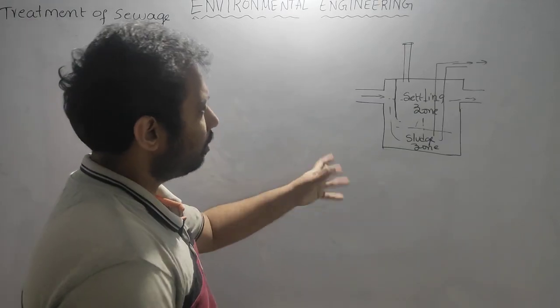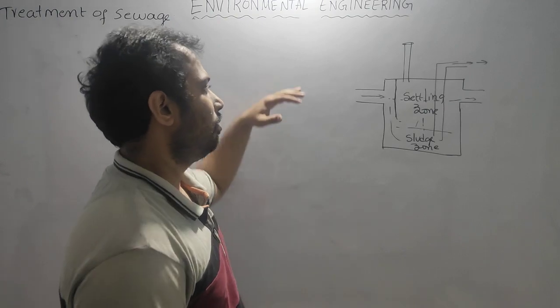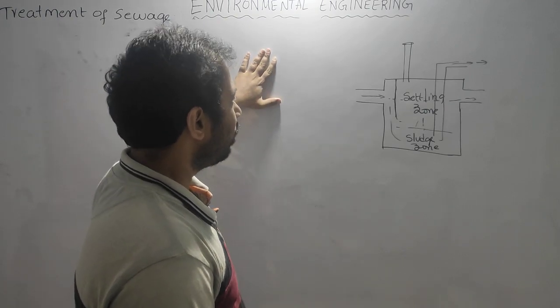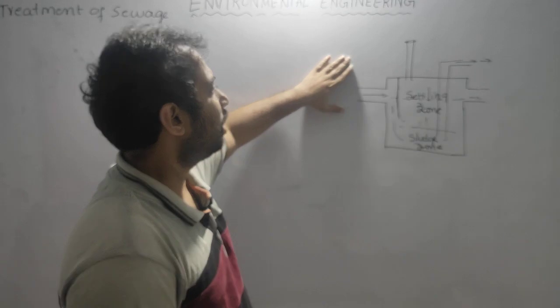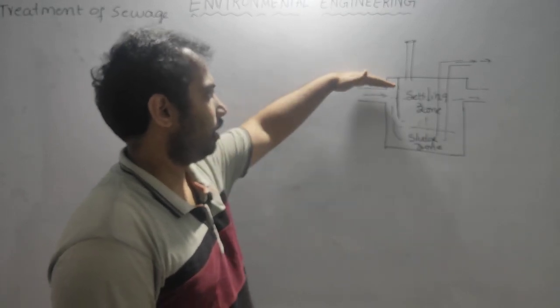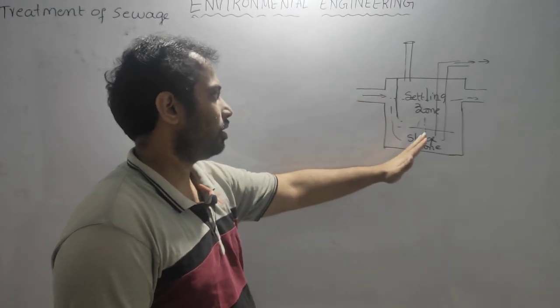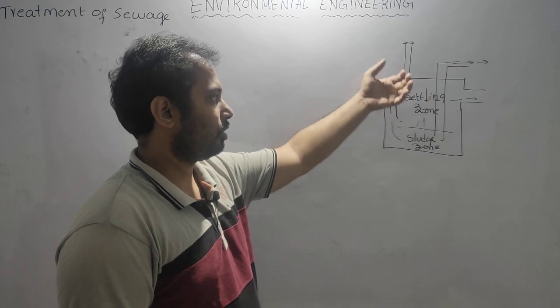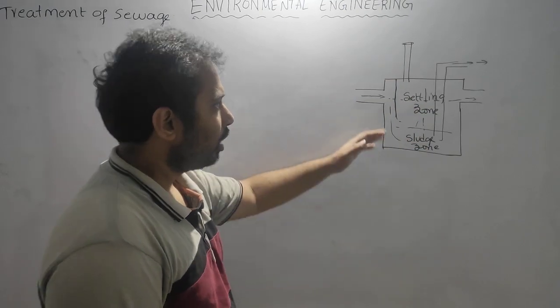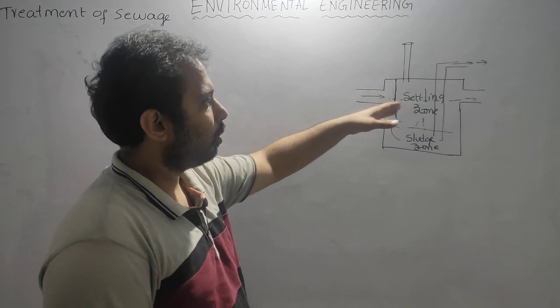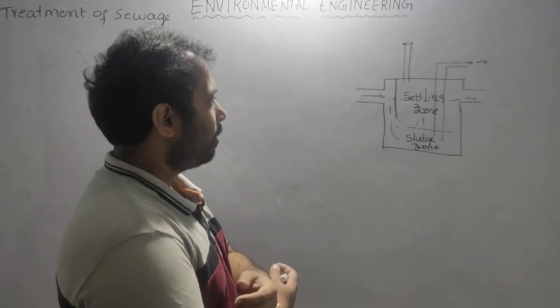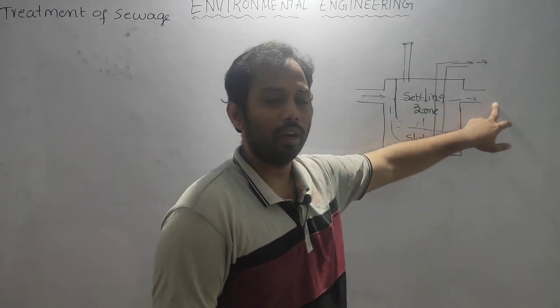Okay, the working mechanism of the septic tank: whenever we release any kind of solids along with the water, it goes into the septic tank, hits the obstruction, goes down and enters the settling zone. Here the sludge falls down into the sludge zone and the clear water goes out. Sometimes this water also carries some BOD.